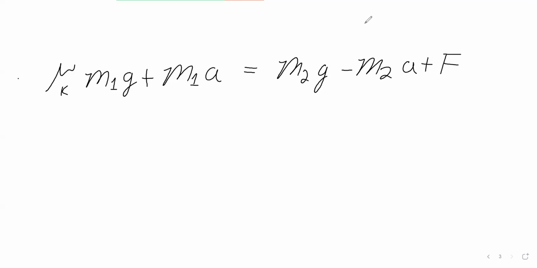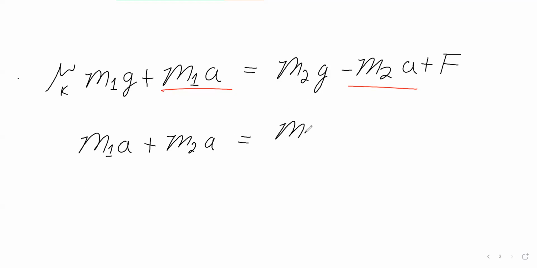Next, let's see. Well, M1 appears in both terms, so that usually signifies that you should factor it out, but we're not interested in doing that. We want to collect all A's on the same side. So I'm going to keep my M1A, and I'll add M2A.